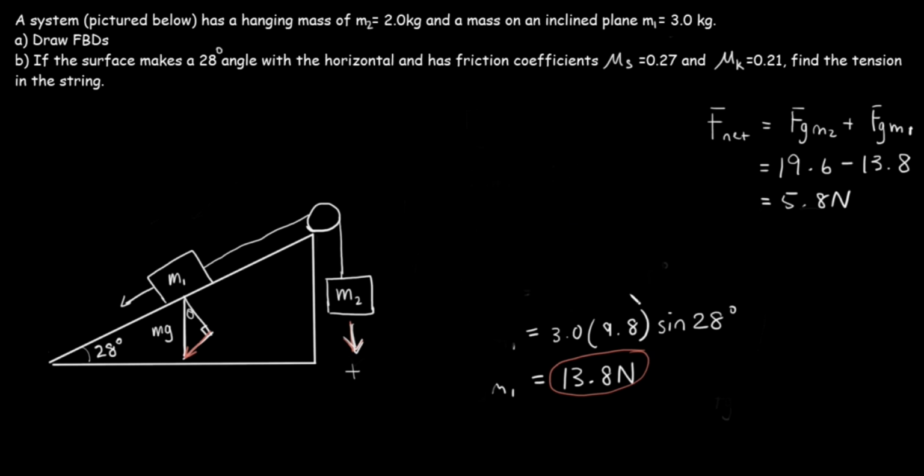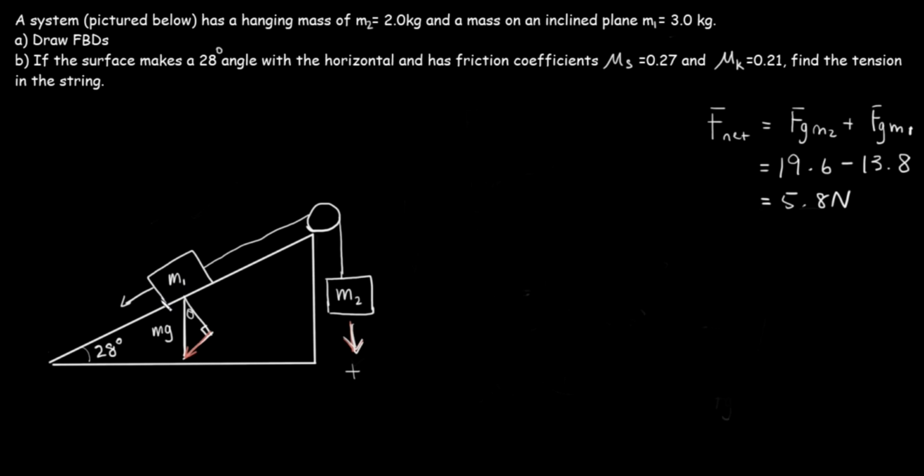Now, we don't actually know whether the system is moving or not, because there's friction, and the friction could potentially be larger. The force of friction could be larger than the net force.